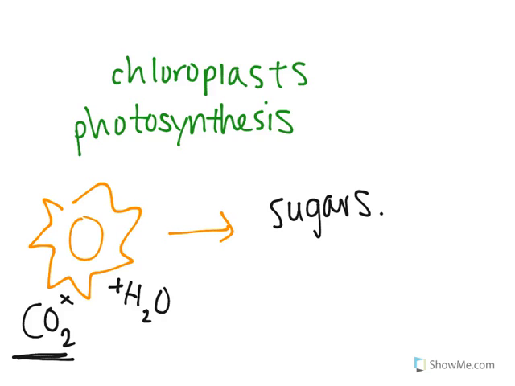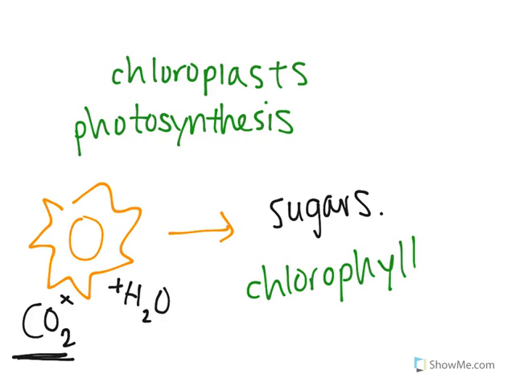Chloroplasts especially are an organelle within the plant cell. They're part of a family of plant organelles called plastids, and these have a pigment within them, and you might have heard of it. This pigment is called chlorophyll, and it's what makes plants green.